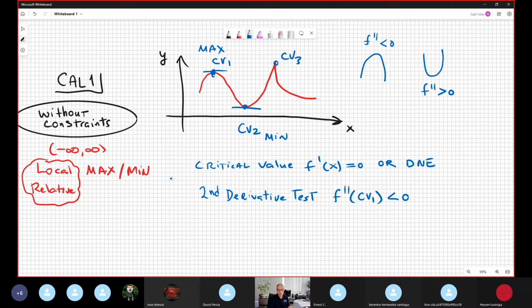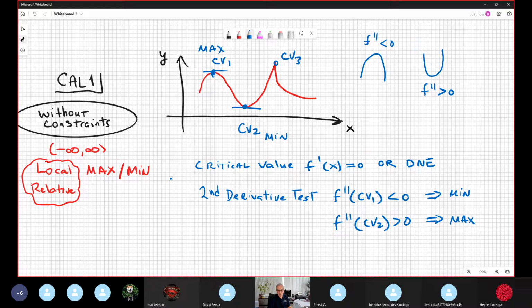For example, when you evaluate the second derivative at the critical value 1 and it is negative, that indicates a local maximum. You evaluate at the critical value 2, the answer is positive because the concavity is up, and this is a local minimum. At the critical value 3, probably the second derivative does not exist, but it's not important for us.